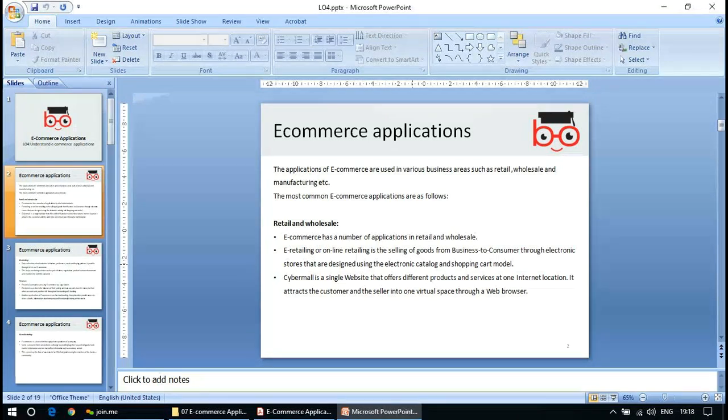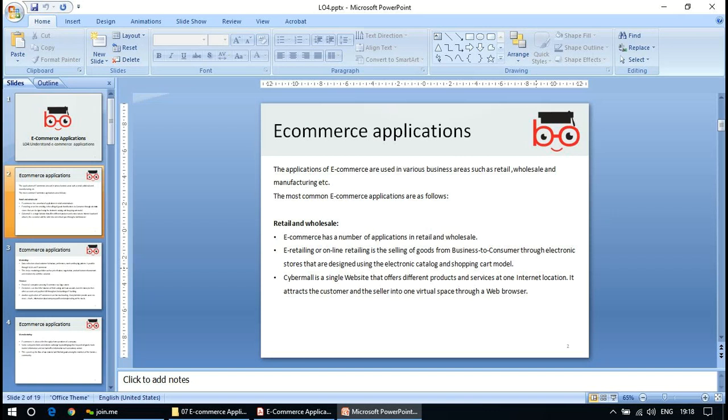E-retailing or online retailing is selling of goods for business to consumer. When you sell directly to an ordinary consumer, it becomes e-retailing, through electronic stores designed using the electronic catalog and shopping cart model.